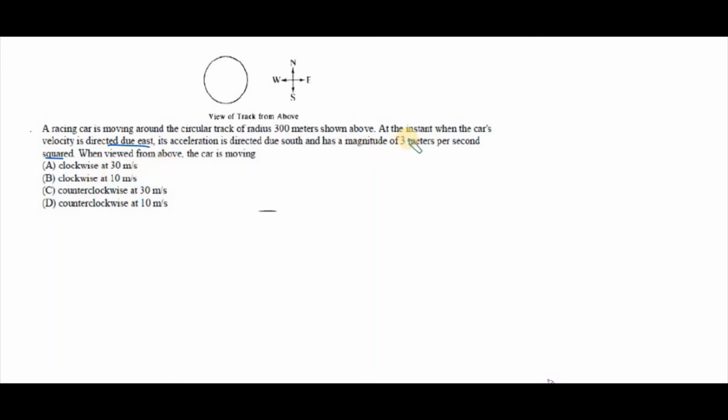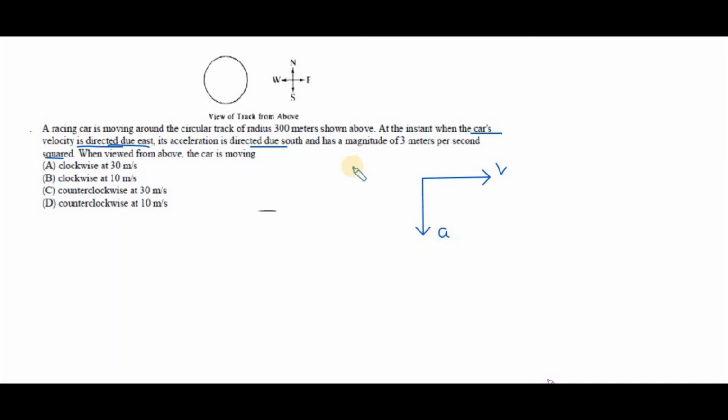Here the condition is given that the car's velocity is directed due east. If you are going to draw that, along this direction the velocity will be represented, and its acceleration is directed due south.